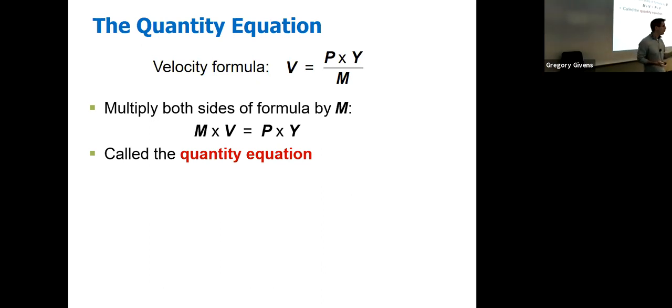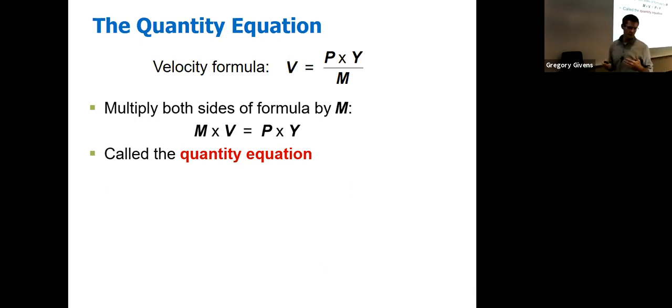In order to do that, we need to make some assumptions about how the velocity of money behaves over time. What if the velocity of money changes a lot as you change the money supply? That can affect our predictions about how M might affect P.